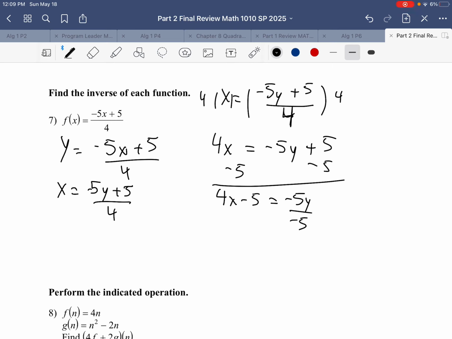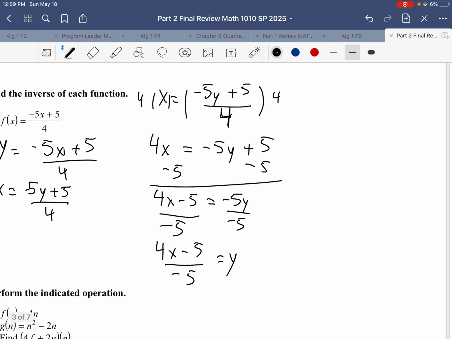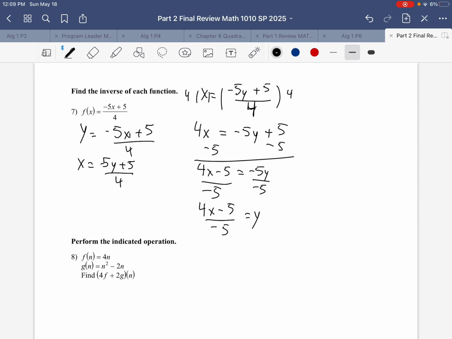And I'm going to divide by negative 5. So I would accept an answer like this. Some people don't want to have a negative in the numerator, so we could rewrite this like it's negative 4x plus 5 over 5, or sorry, 5 equals y. Or you could also write this like negative 4x over 5 plus 1 equals y.